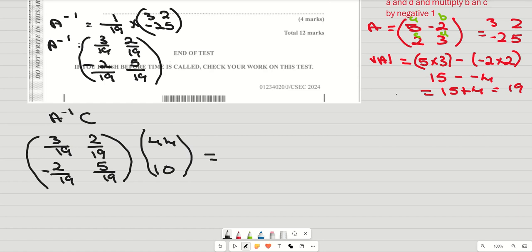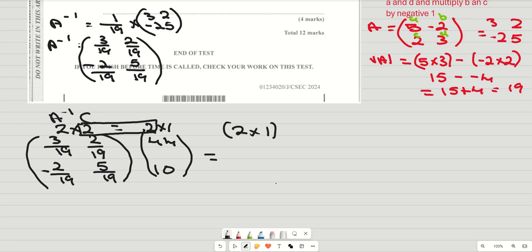So we check to see the order. Always check to see if it is conformable to multiplication. That's 2 by 2, and this is a 2 by 1 right here. The inner orders are equal, so yes, it is conformable to multiplication, and the answer you're supposed to get is a 2 by 1 matrix. It's row by column.